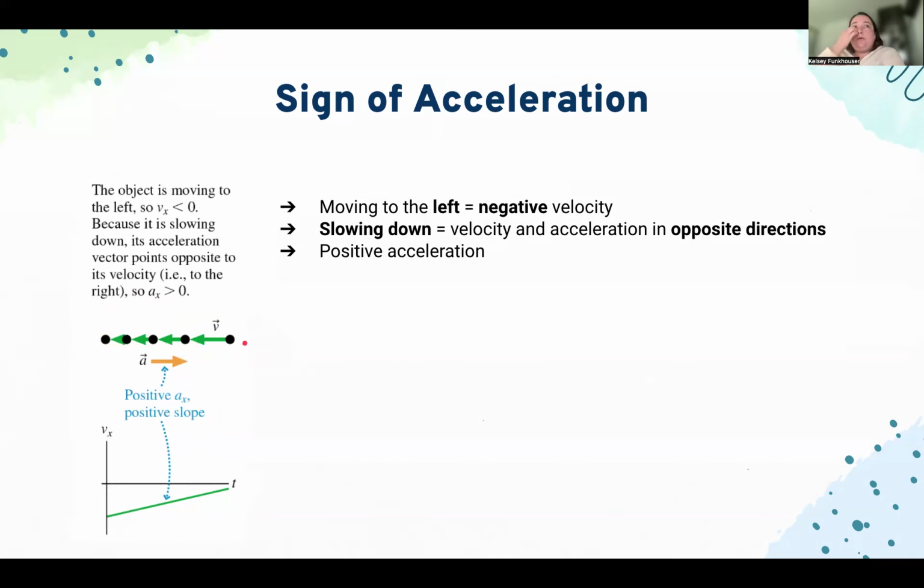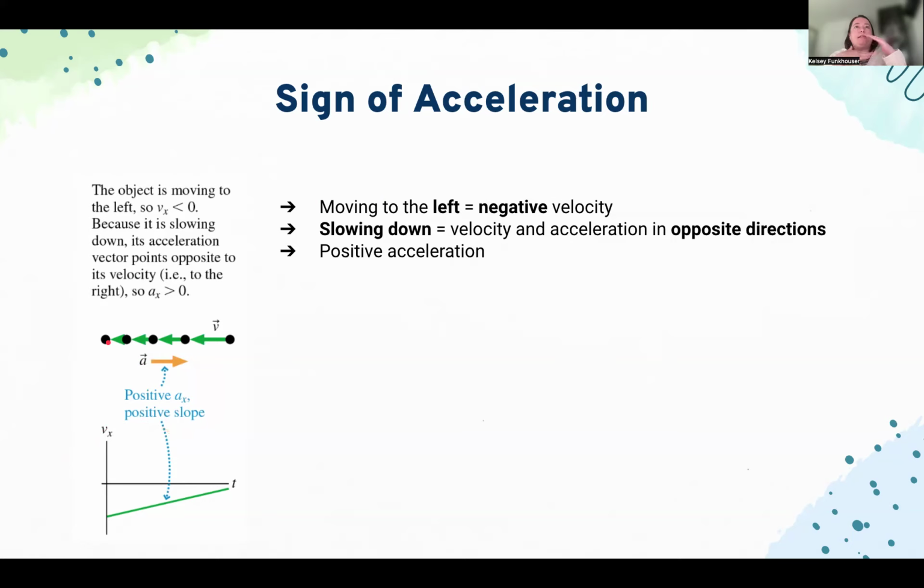And we're told that the object is slowing down. So what we see here is our velocity vectors to the left and our acceleration vector to the right. And this means that even though our object is slowing down, our acceleration is positive because our object is moving to the left, which means negative velocity, and it's slowing down.